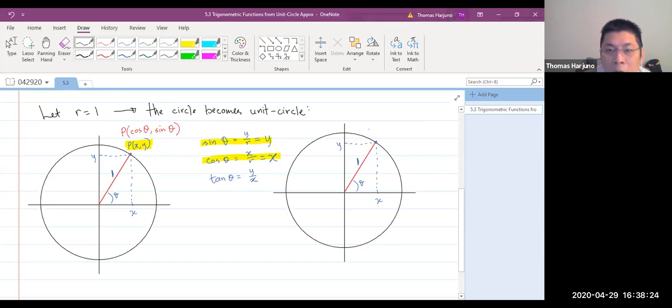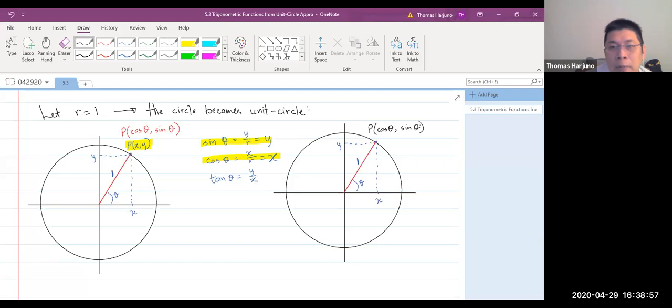Then we know right away that the coordinate here is cosine theta and sine theta. So if we know the central angle in standard position, then the coordinate on the unit circle corresponding to that angle is (cosine theta, sine theta).